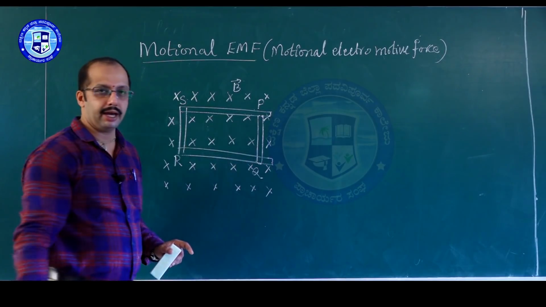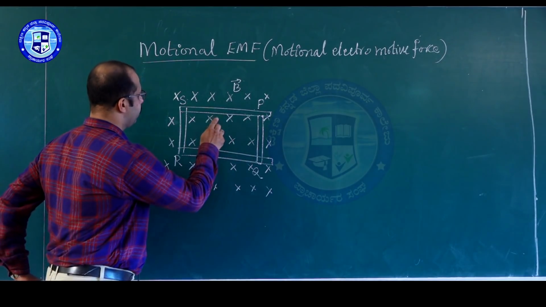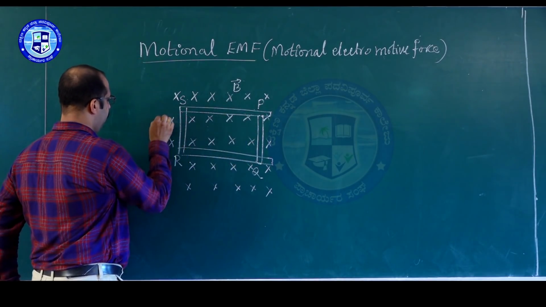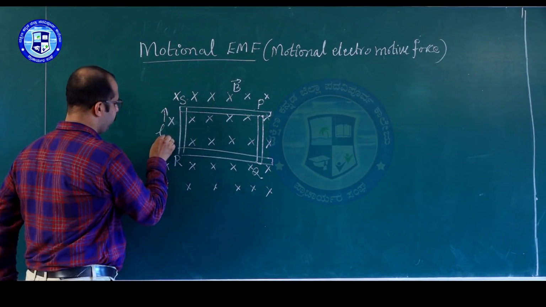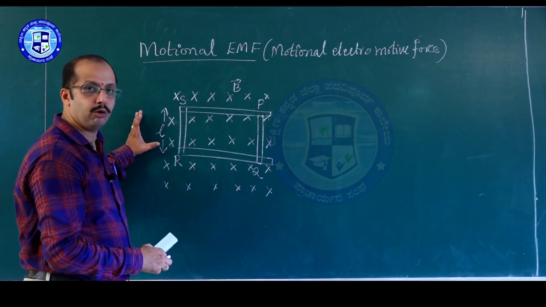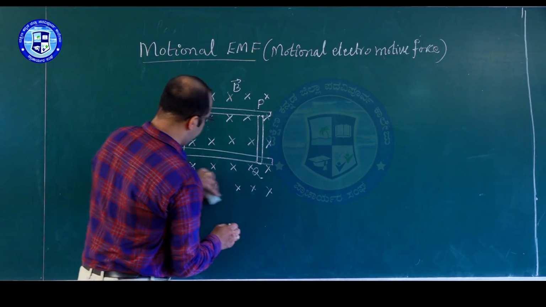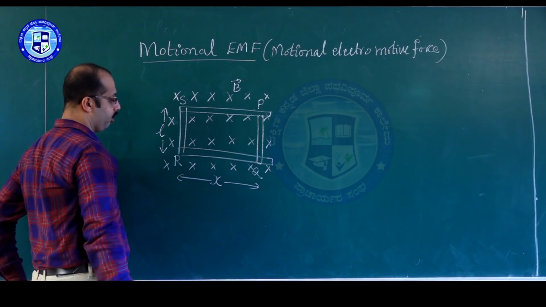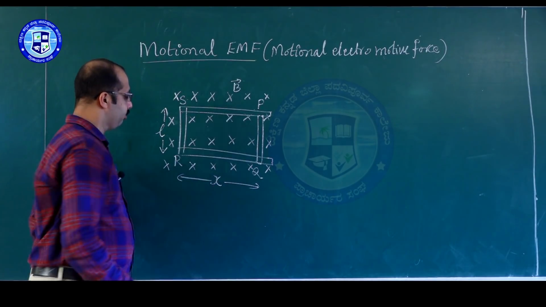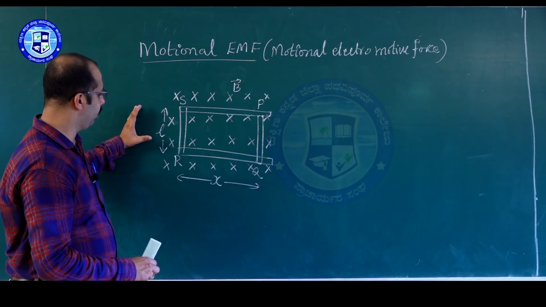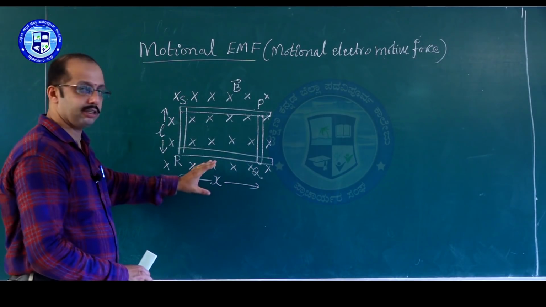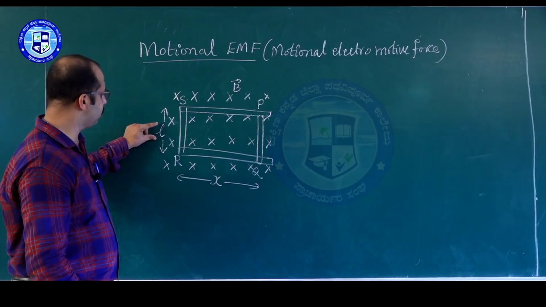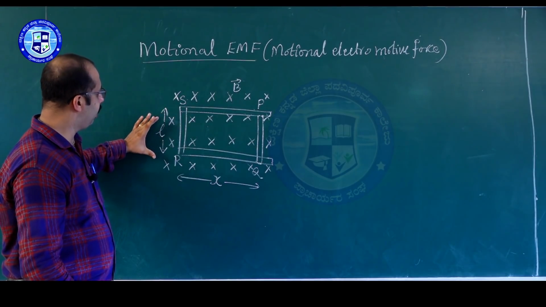Two opposite sides are parallel, and we consider this representation: small letter L is the length from R to S, and X is the distance from R to Q or Q to R. This is X, small letter x, or dx or delta x, and this small L represents the length.